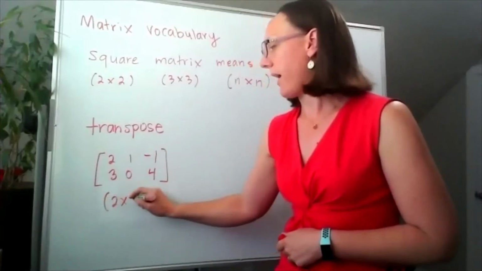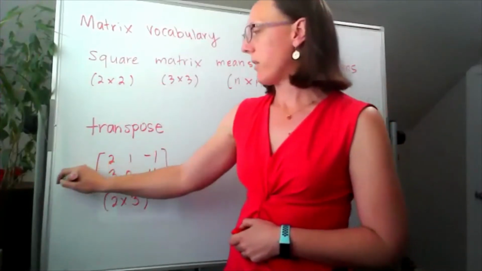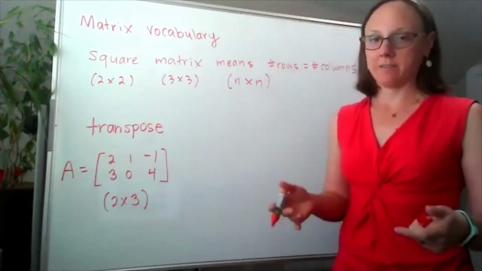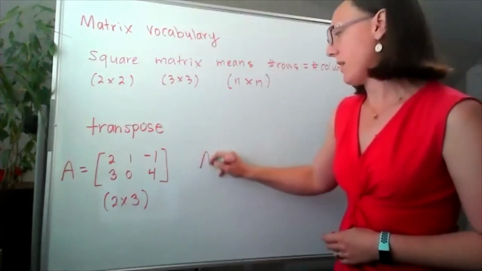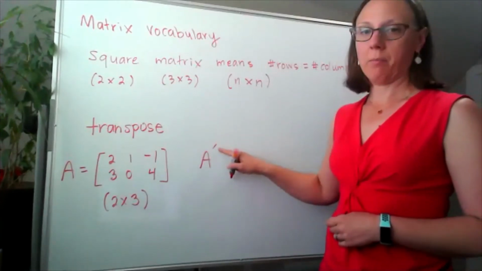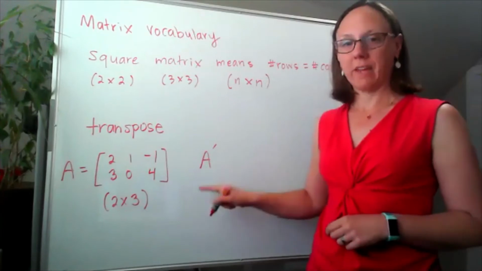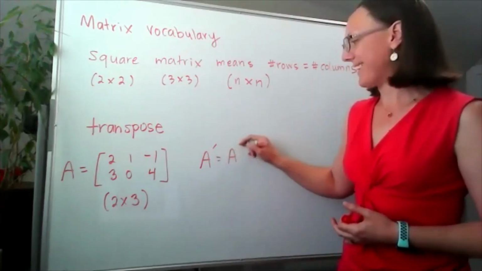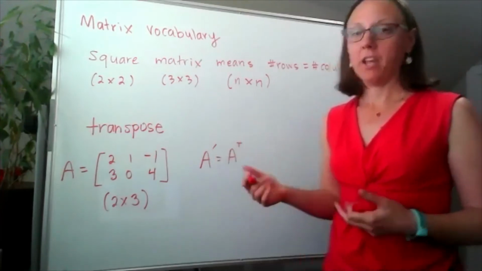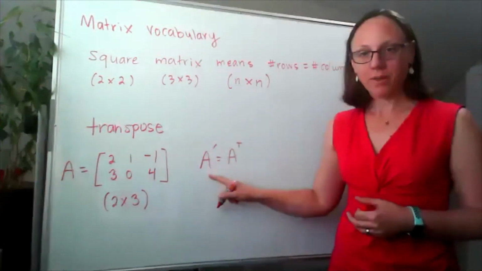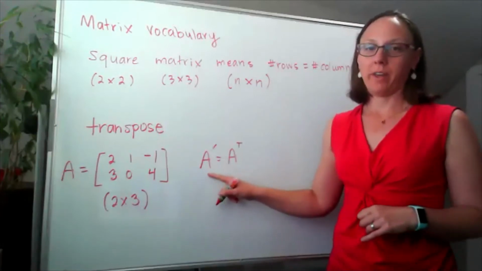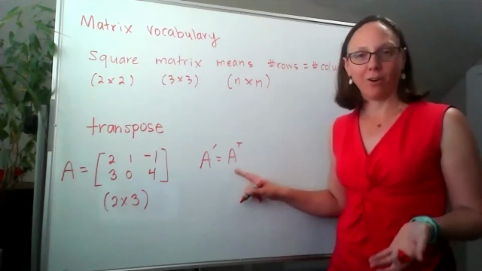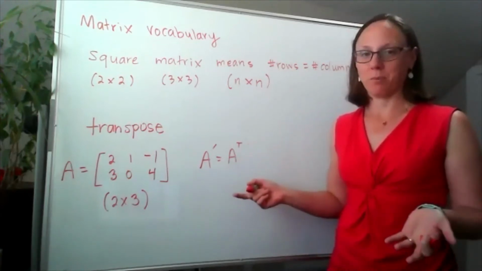So it's 2 by 3. If I call that the matrix A, then there are 2 notations that our textbook gives for transpose. Sometimes there's a prime, which doesn't mean we took the derivative. That A prime notation means the same thing as if we put a T up there. I think this one's easier to type, so that's probably why we use this notation more in linear algebra. That T is for transpose.